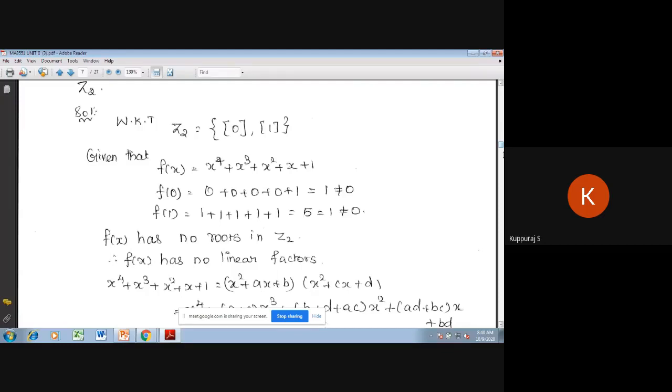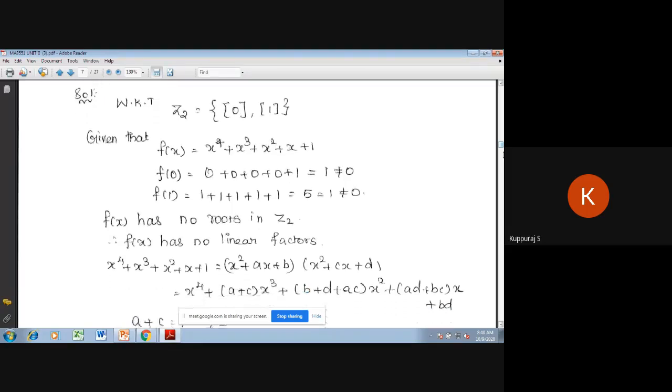If we receive any roots of the given polynomial, it can be factorized as a product of linear factors. But this polynomial has no roots. Therefore, the given polynomial can't be factorized into linear factors. Then another possibility is a product of quadratic expressions.